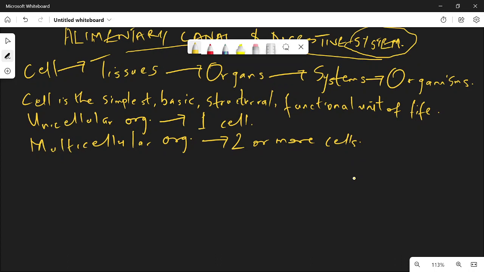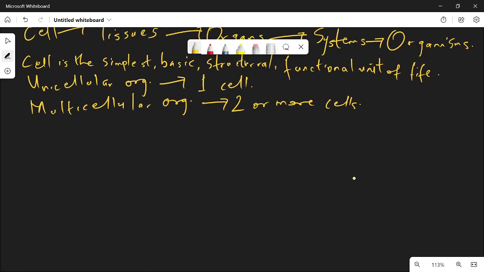When we talk about the characteristics of living things, let me start with the popular one we all used to talk about: movements.